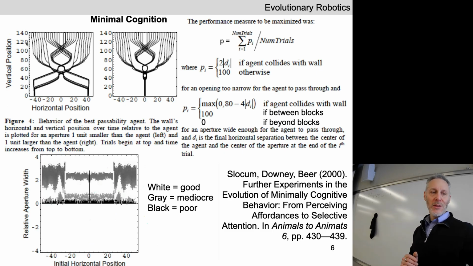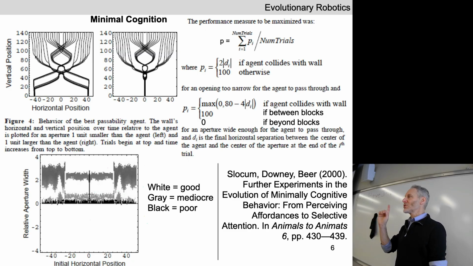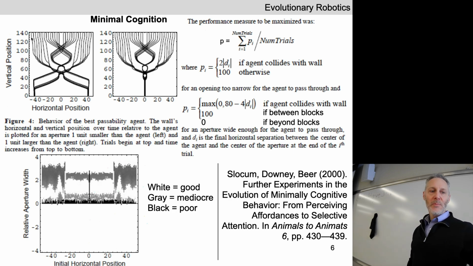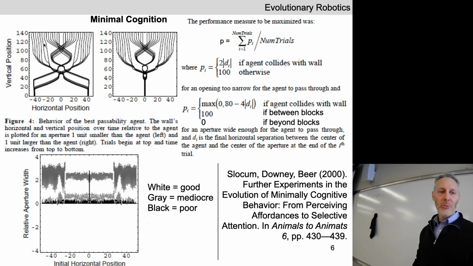So let's start with this panel over here. Each one of these black horizontal lines corresponds to one simulation, one trial, in which they drop the pair of objects where the aperture is 1 unit smaller than the agent on the left. So in all these cases, the aperture is too narrow for the agent to thread the needle. Okay, here's how to read this plot.